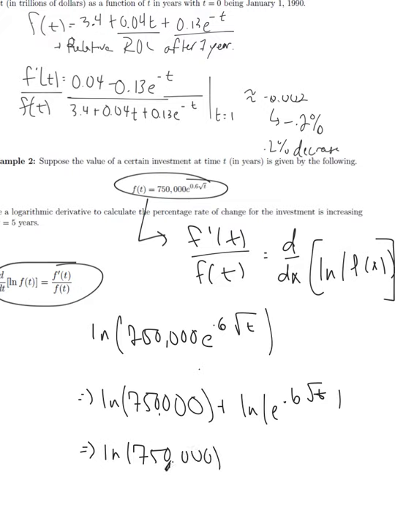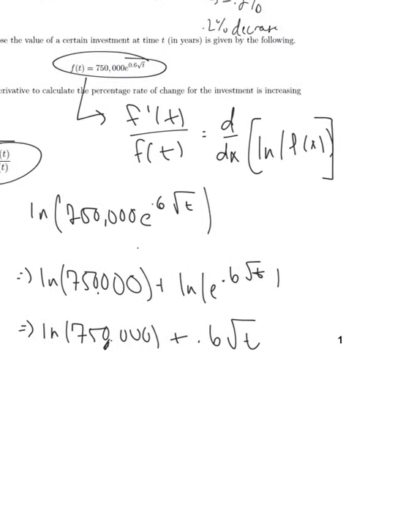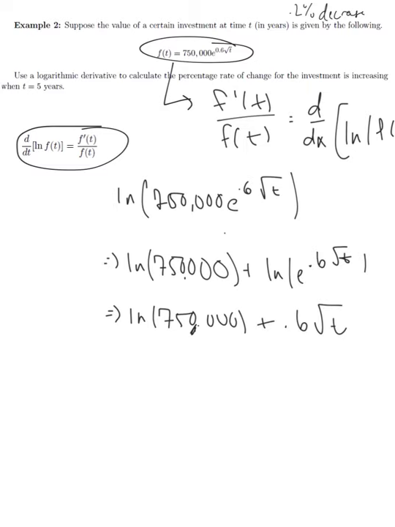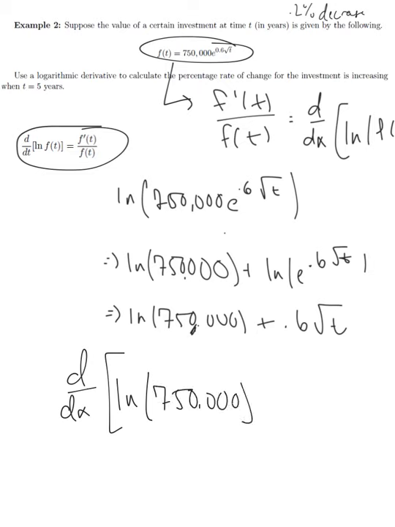This, because we're taking the natural log of e to some power, is just 0.6 square root of t. All right, so when we take the derivative, d dx of the natural log of 750,000 plus 0.6 square root of t.